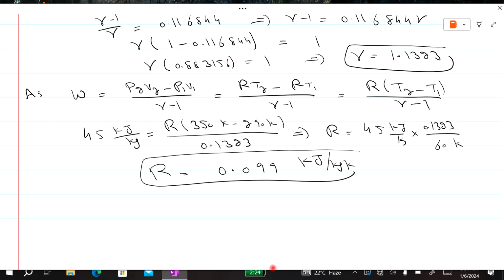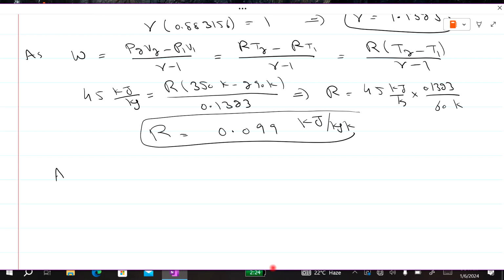Now we are finding the value of CV. As we know, the general equation of CV is CV is equal to R divided by gamma minus 1. The value of R is 0.099 kilojoule per kilogram per Kelvin.